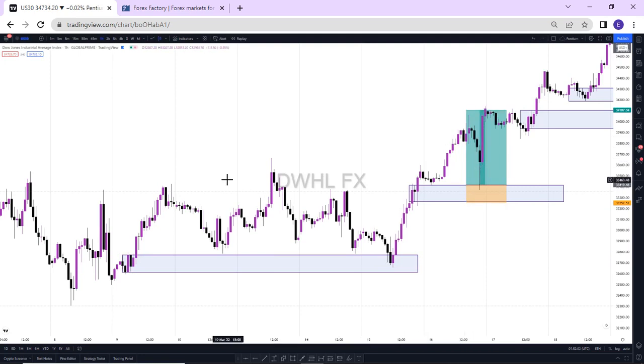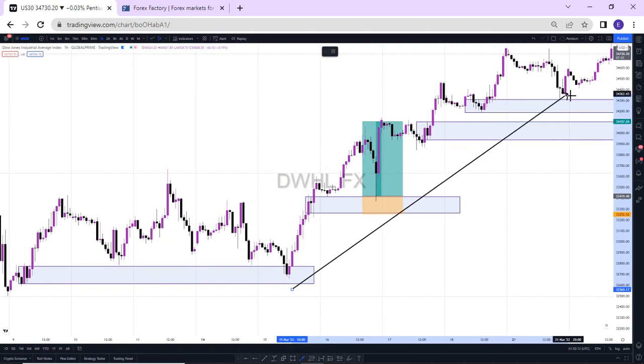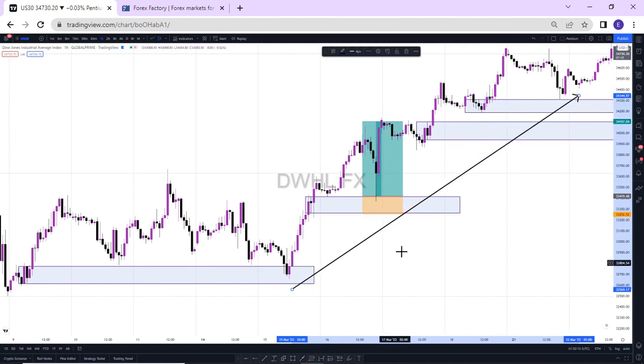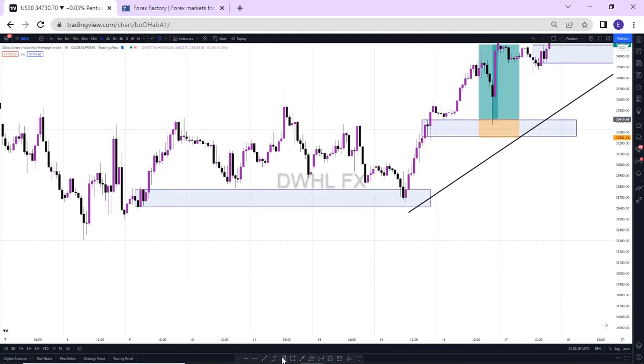How did we get it? Very basic. So we knew we are already in an uptrend, a beautiful uptrend, very solid one. And then we know from here that price from a low created a higher high, a higher low, higher high.